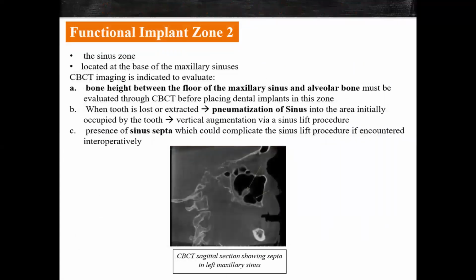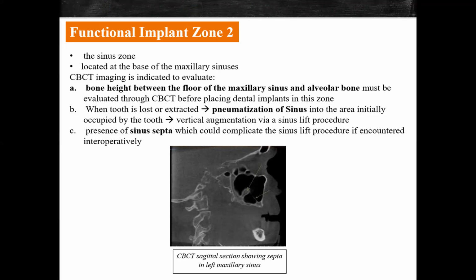Second is the maxillary sinus, which is in the maxillary posterior region. Maxillary sinus, though the most forgiving region, is also a very important structure. We all know that in older patients with early loss of tooth structure, the maxillary sinus tries to drop down towards the crest of the alveolar ridge.